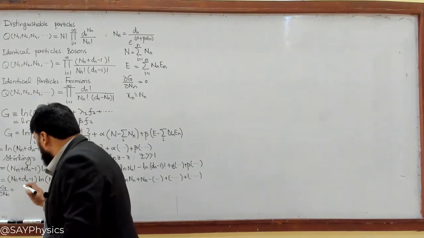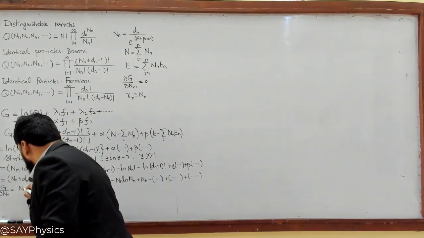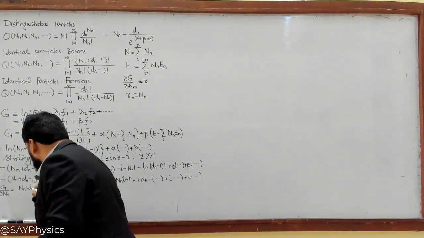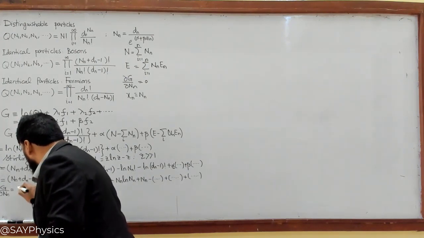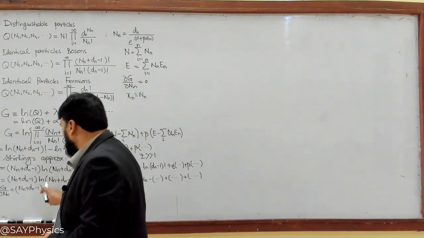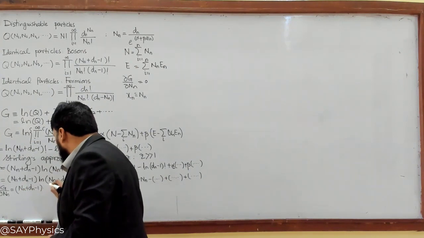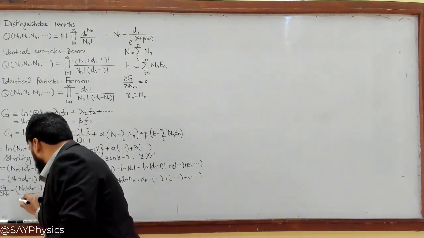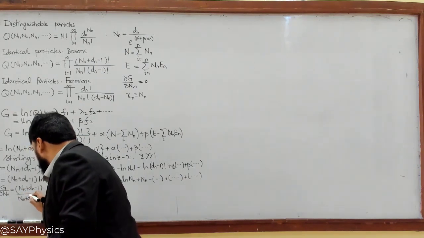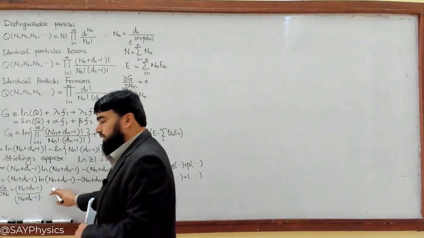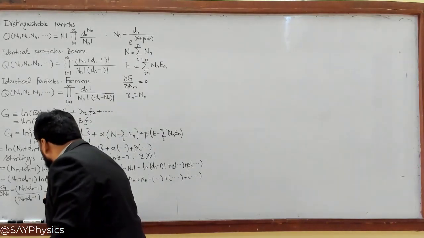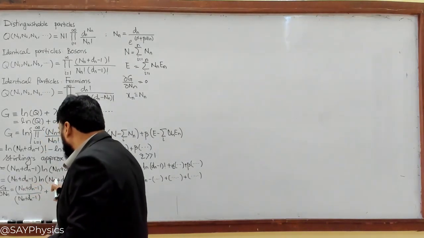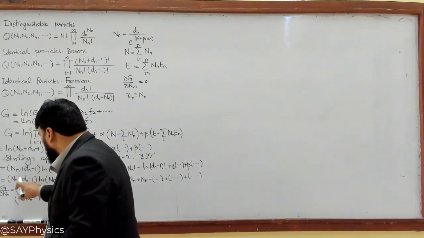So the first function, which is nn + dn − 1, into the derivative of the second, so it will be 1 over this one, and it is nn + dn − 1. It is a derivative of this one, plus the second function is this one into the derivative of this one.